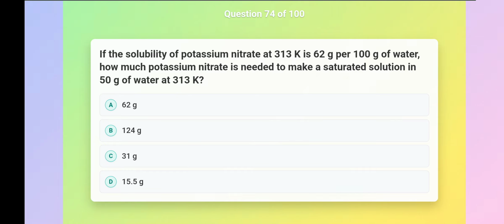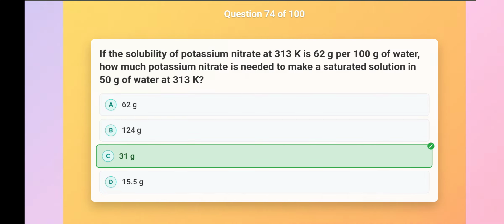If the solubility of potassium nitrate at 313 K is 62 grams per 100 grams of water, how much potassium nitrate is needed to make a saturated solution in 50 grams of water at 313 K? 31 grams.